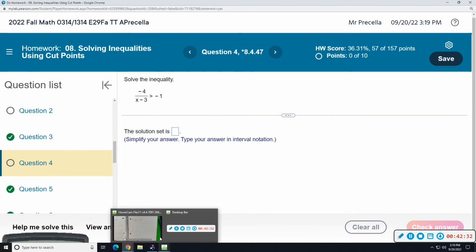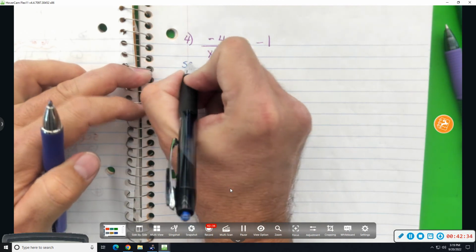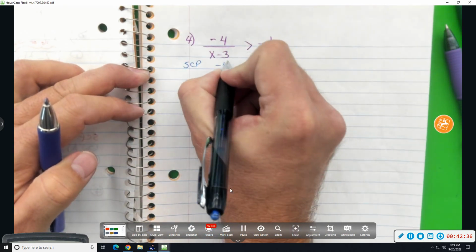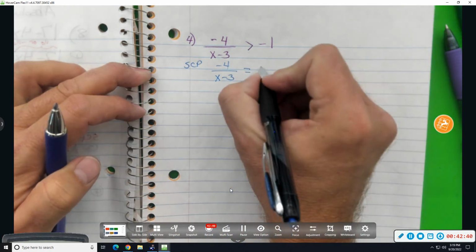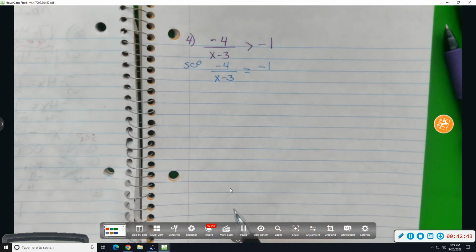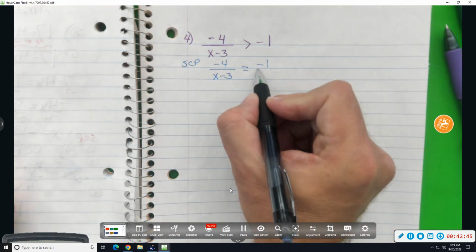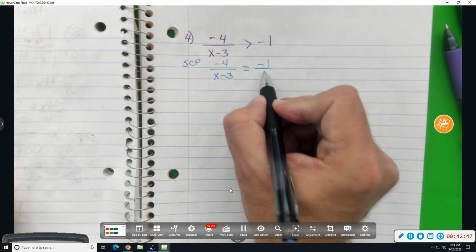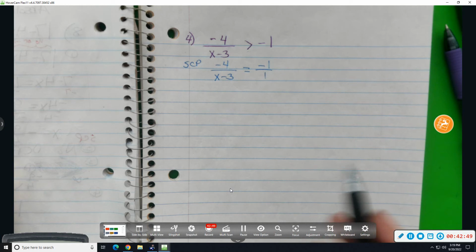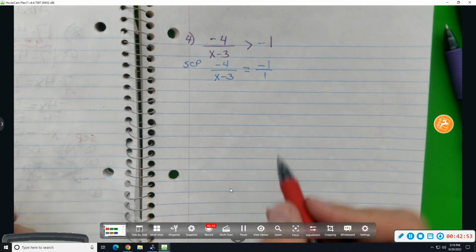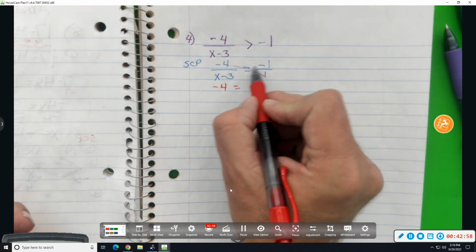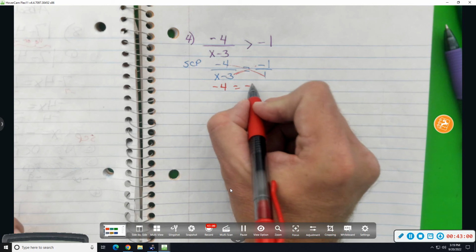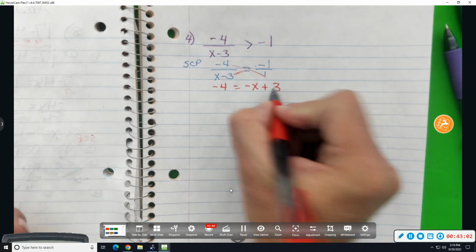I'm finding the solution cut points by writing it with an equal sign. And that -1, I'm going to write it as -1/1, and cross multiply. I'd have a -4 equals, this is going to be a little messy, -x plus 3.